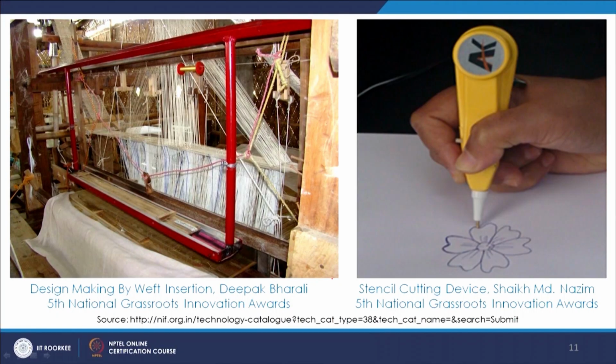So there are some examples, and these are from the NIF, the National Innovation Foundation, and two simple ones. Here if we see, this is the design making by weft insertion, and it also got the National Grassroots Innovation Awards. And here we see this very simple innovation, which is the stencil cutting device.